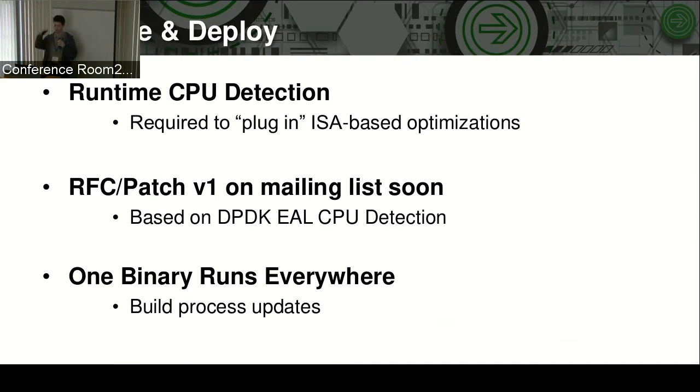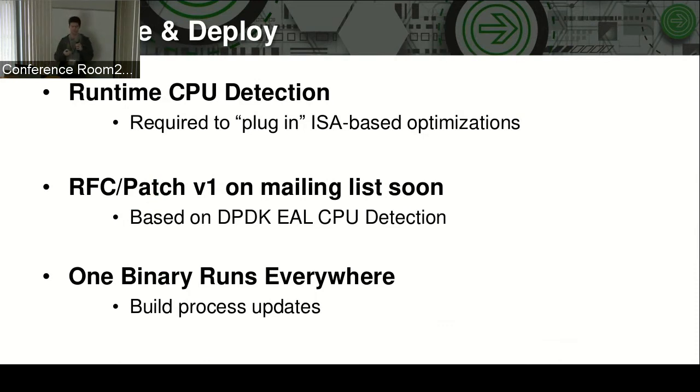Anything up to Core i7 is fine, but for anything newer, the compiler is not allowed to emit those instructions, because that could cause an illegal instruction exception on any platform that doesn't have them. So what we'll need to do is compile specific files in OVS, not everything, but very specific files that have these DPCLS implementation optimizations, with newer flags, and only choose that run path at runtime. That function pointer will get set at runtime.